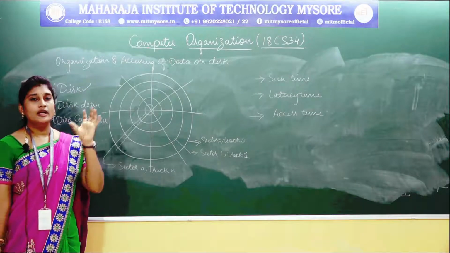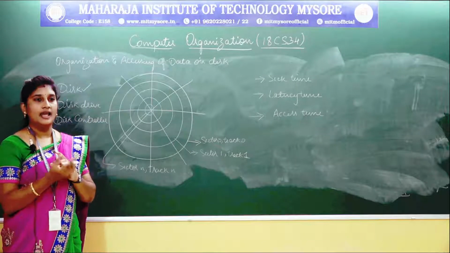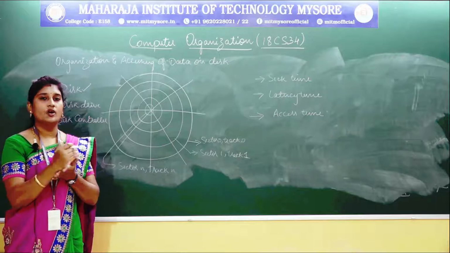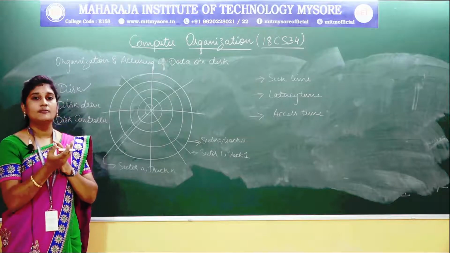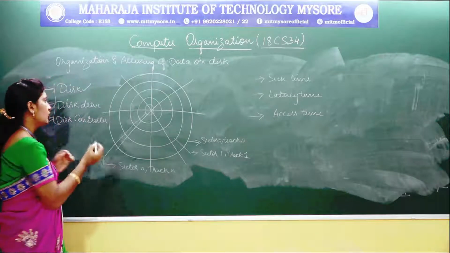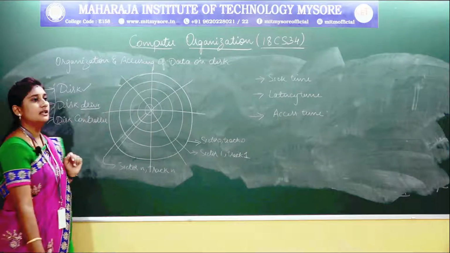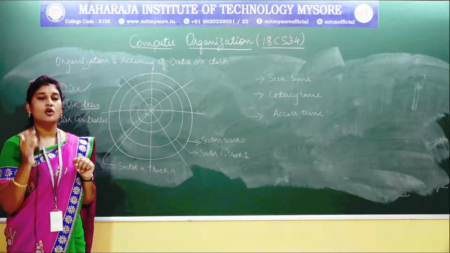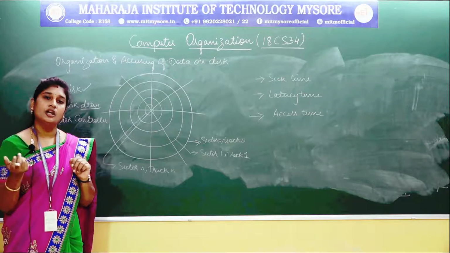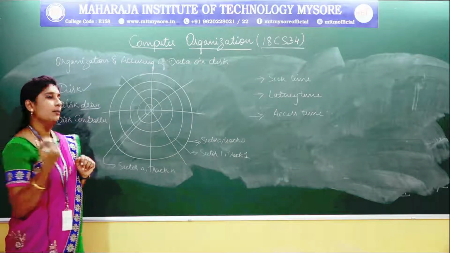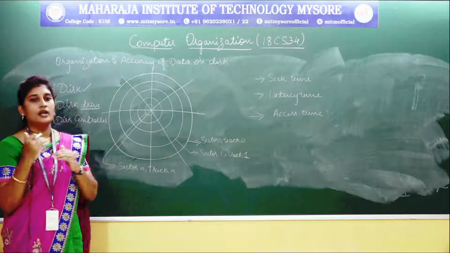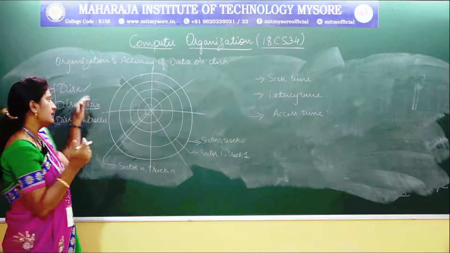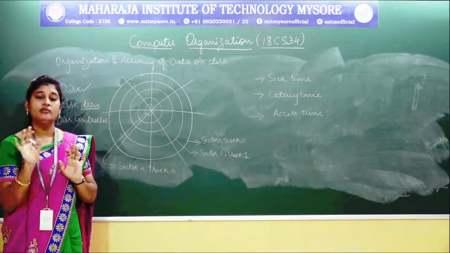The disk mounted on the rotating shaft, which rotates with uniform speed, is called the disk drive. So the disk drive is responsible for rotating the disks at a uniform speed. The platters mounted one above the other in a stack are called, in simple terms, the disk.